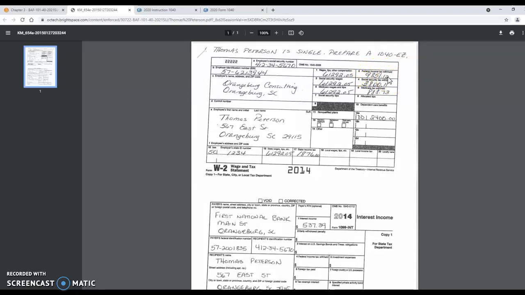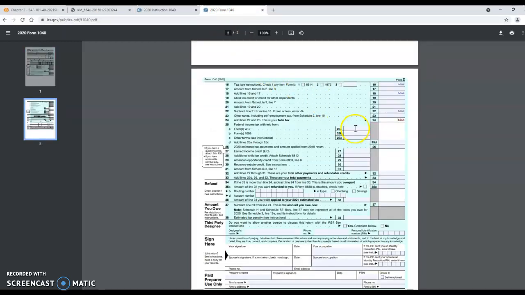If this was 50 cents or more, we would round this up to $98.52. But it's not, so we'll keep it as $98.51. So that goes on line 25a, the $98.51. He didn't have any income tax withheld from his 1099 interest form or any other forms, and so his grand total of withholdings on line 25d is the $98.51.